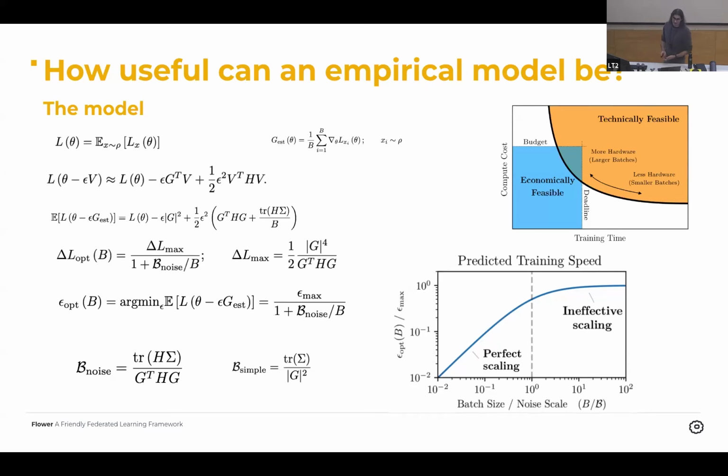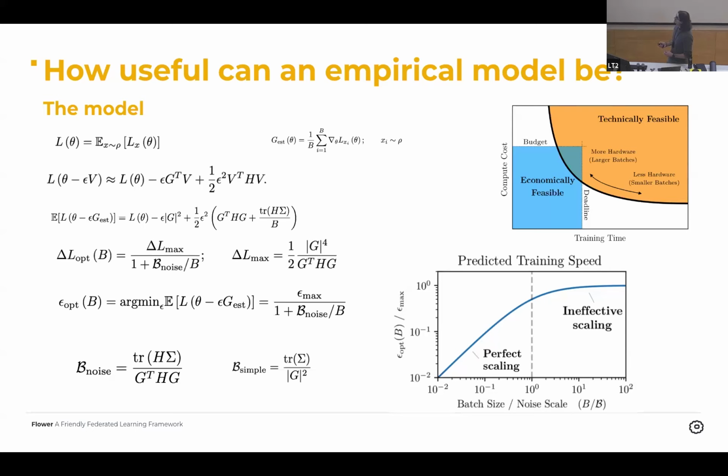Well, the batch size we already know what it is, right? The B noise instead is a description of the signal to noise ratio that our gradients give us. Of course, the full B noise also contains information from the Hessian and the covariance matrix sigma across gradients, because we did the Taylor expansion up to the second order.